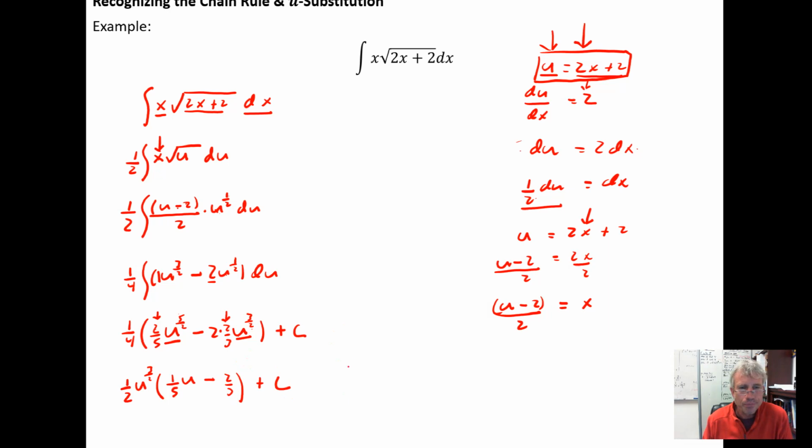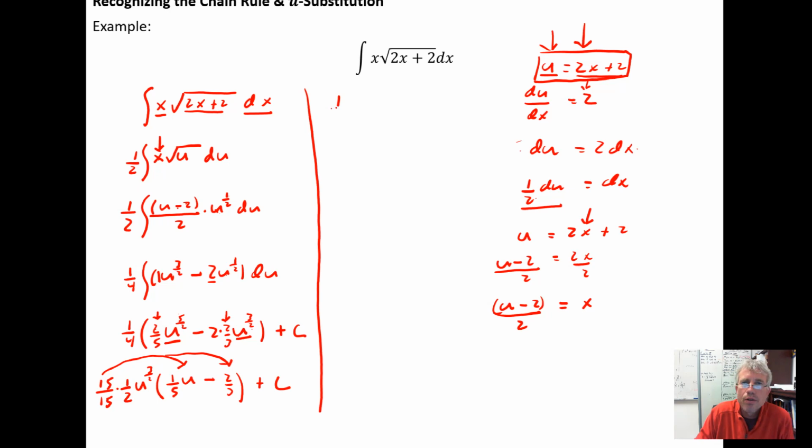And then if I wanted to clean up inside the parentheses a little bit, I could look at the 5 and 3 and identify that it would give me a common denominator of 15. So I could actually step out here and multiply by 15 over 15 if I wanted to clean things up a little bit. So if we do that, I'm going to take and distribute the 15 into the parentheses. And if I do that, that's going to leave behind a 1/2 times 1/15 is 1 over 30.